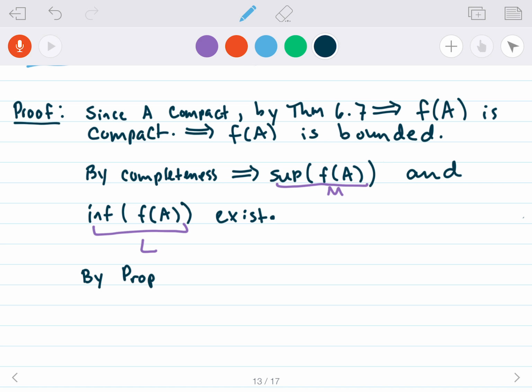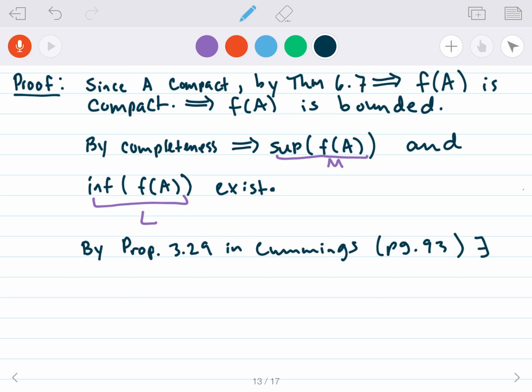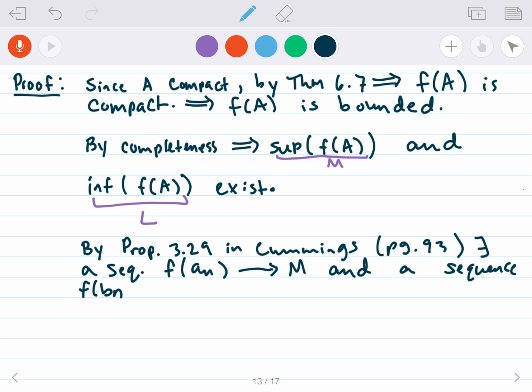This is proposition 3.29 in Cummings, on page 93. So there exists a sequence in this image converging to the supremum, and there's another sequence in this image converging to the infimum.